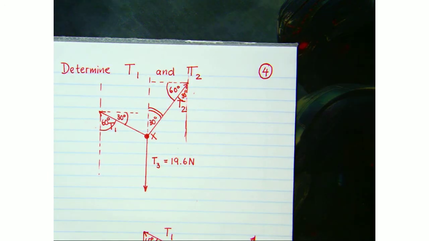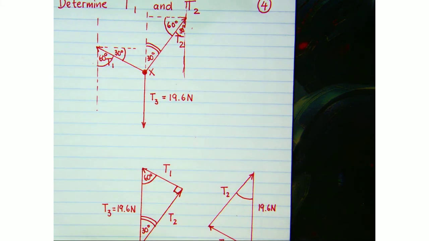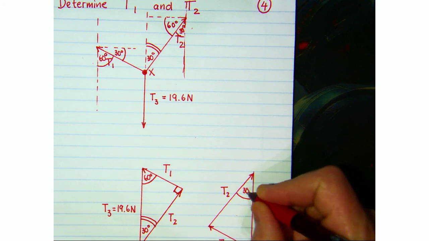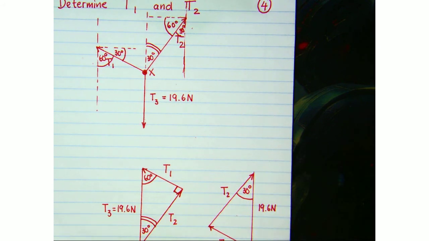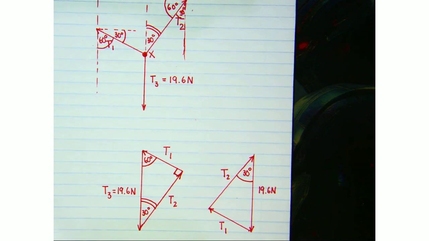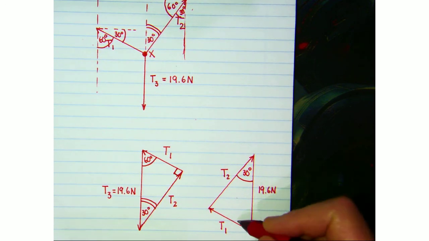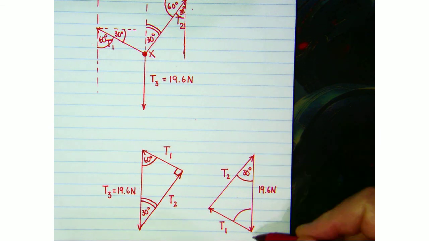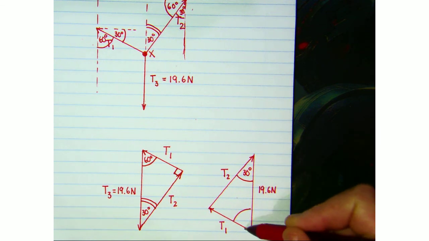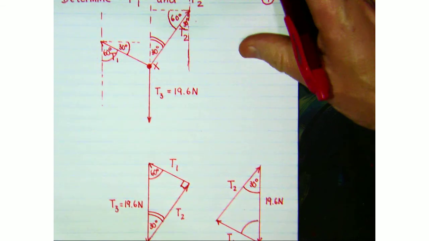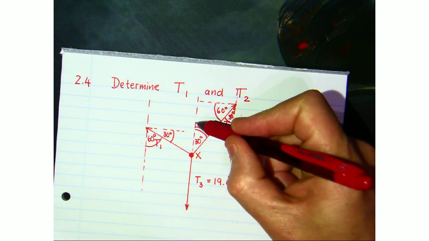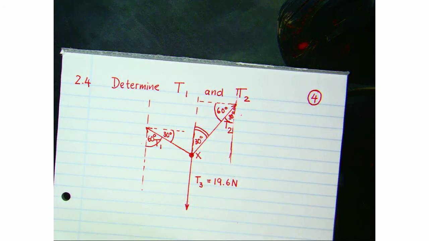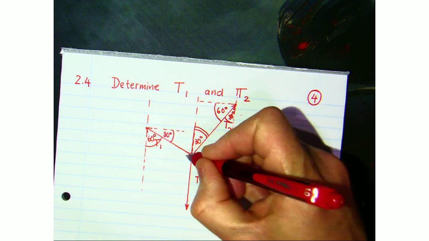So that gives me this angle between T2 and the vertical, 30 degrees. I can then look for this angle. It's the angle between the vertical and T1. And there it is, the angle between the vertical and T1, which has to be 60 degrees.